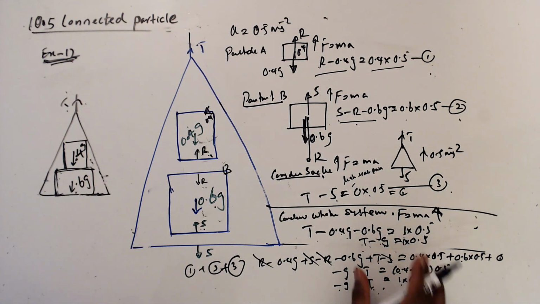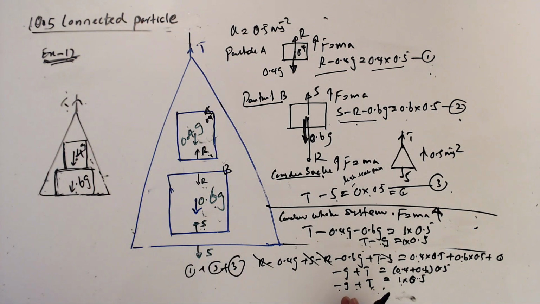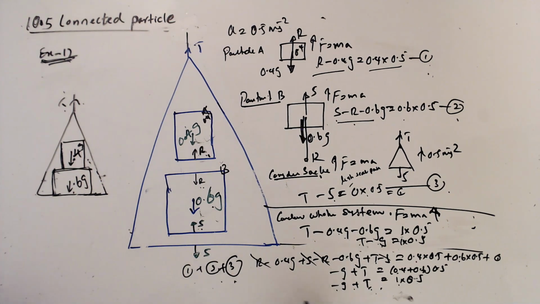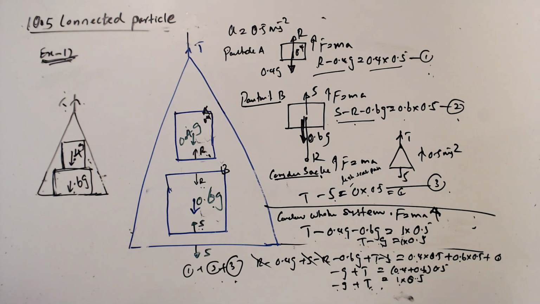So what I want to emphasize here is that when you consider the whole system, you can get the equation, the same equation you get when you add those together, 1 plus 2 plus 3. The first question in this sum, find the tension. So T minus G equals, yeah, that's fine, everything is fine.